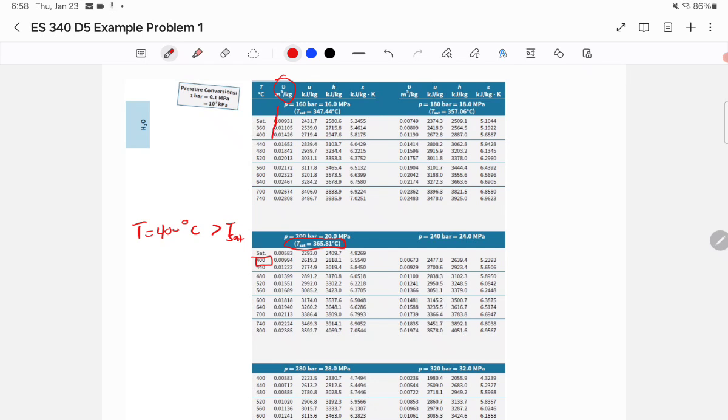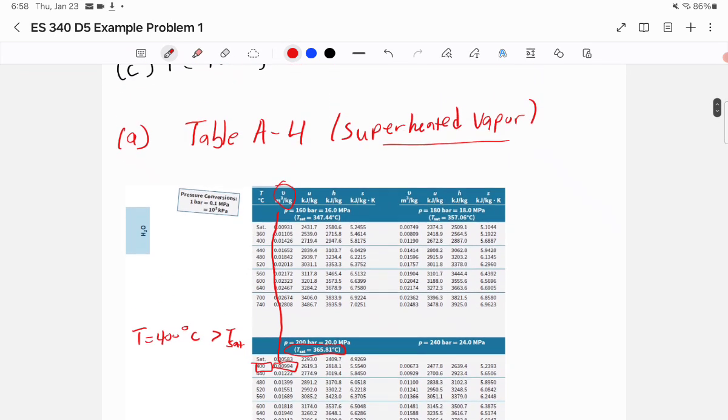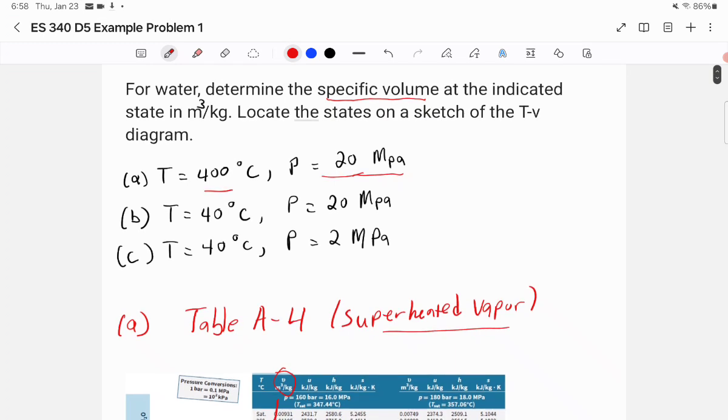So if I come down here on this table, I see that way down here, this is the specific volume that I'm looking for. Notice that this one is listed in cubic meters per kilogram. We're going to have to be very careful with this, as we'll see in a moment. But this is listed in cubic meters per kilogram, so we're good here, and we can literally just read off of the table.